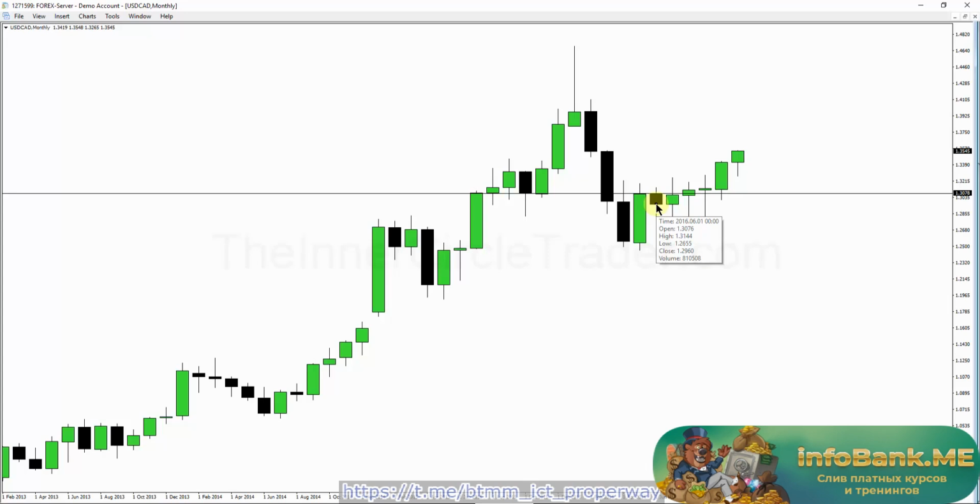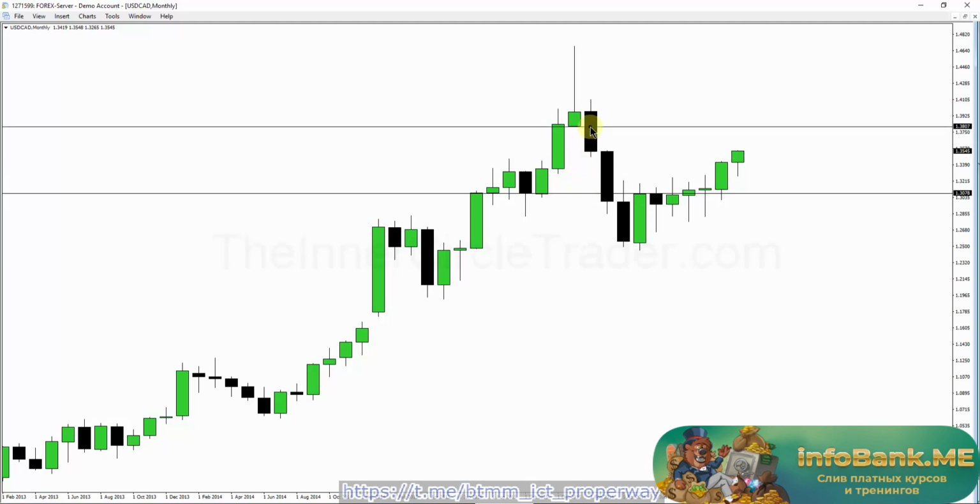So we have to have an up candle, or an up close candle, that has at least a low that's higher than 31.44. Obviously, it's right here. Just that quick, we've delineated a range on the monthly chart.